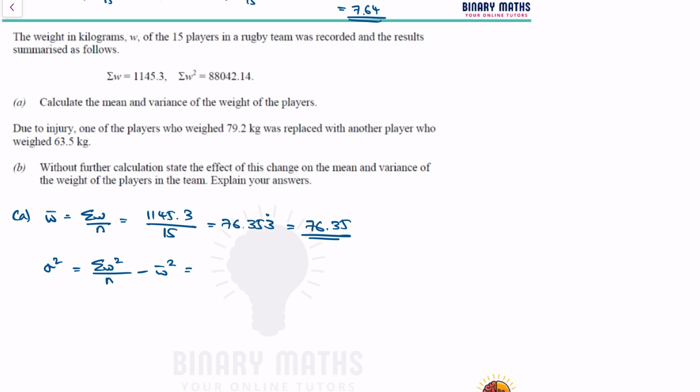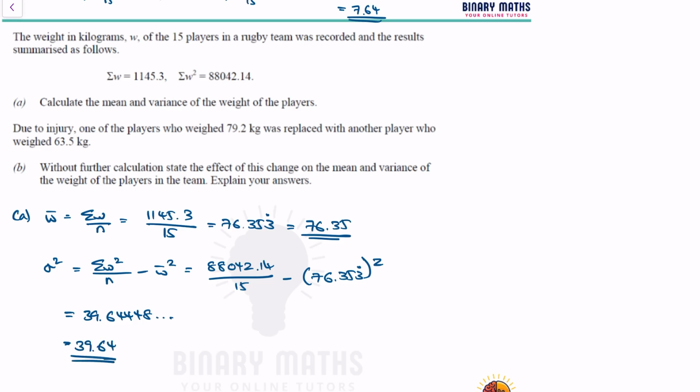Which is equal to 88042.14 divided by 15 minus 76.353 recurring, so the non-rounded version, squared. So what we end up with is 39.64448, which is equal to 39.64.